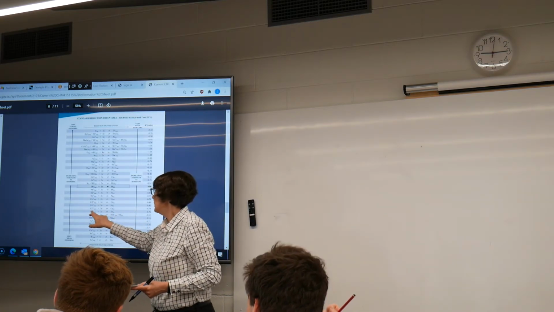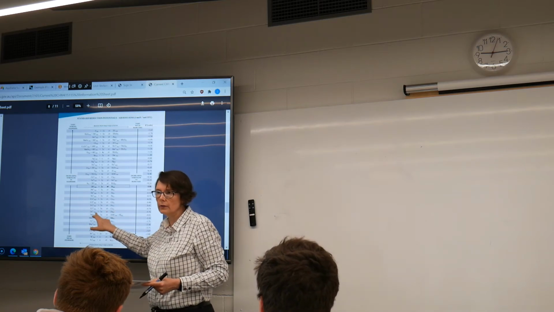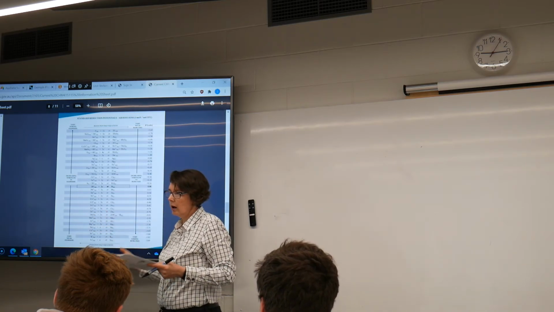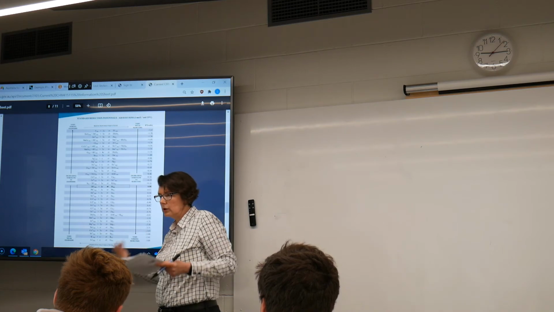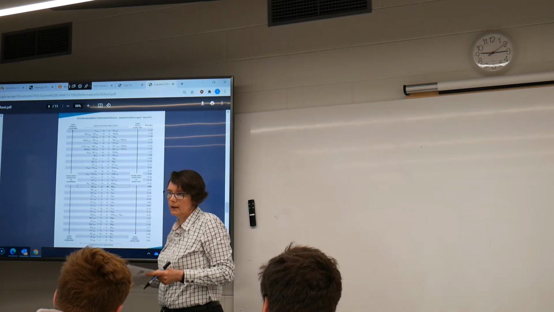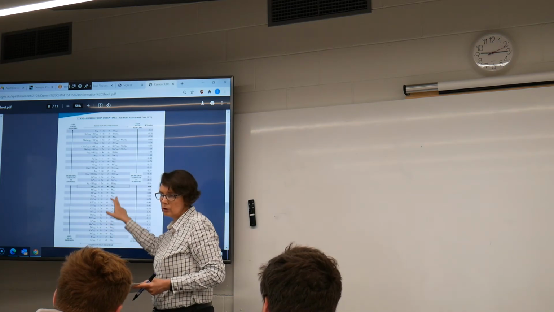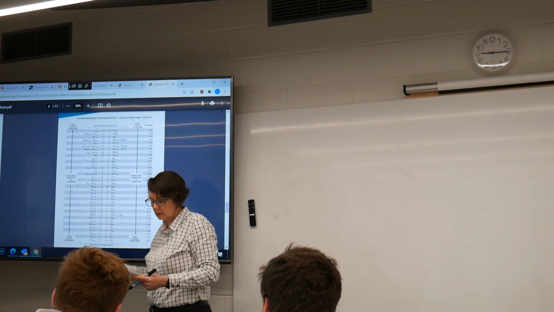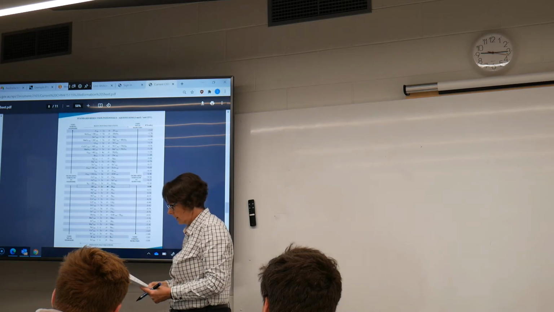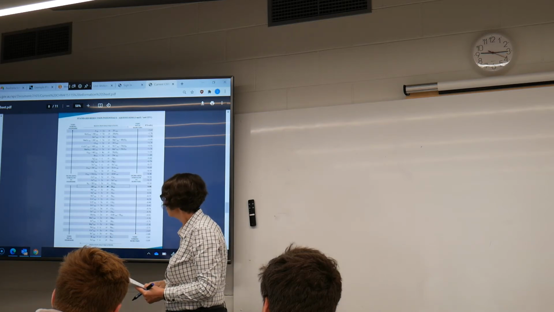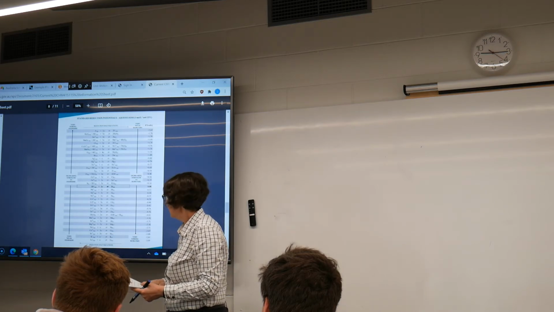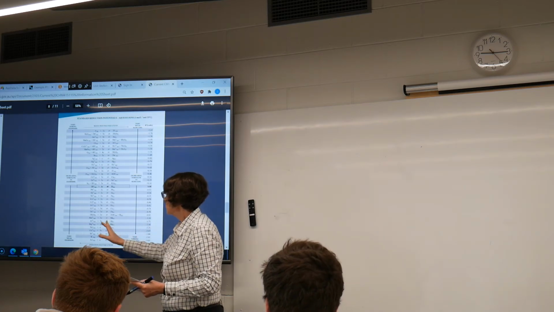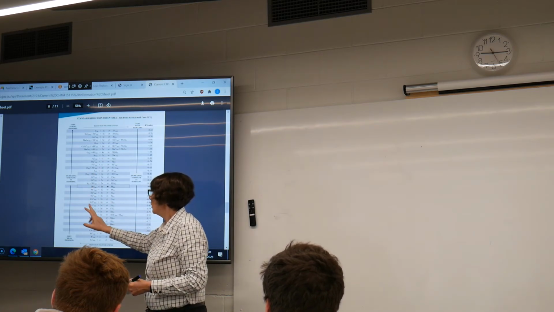So we need to look at all of the information given about a particular metal-ion combination. We only want to compare reducers with reducers and oxidizers with oxidizers. Okay? So we've now gone through all of our oxidizers.